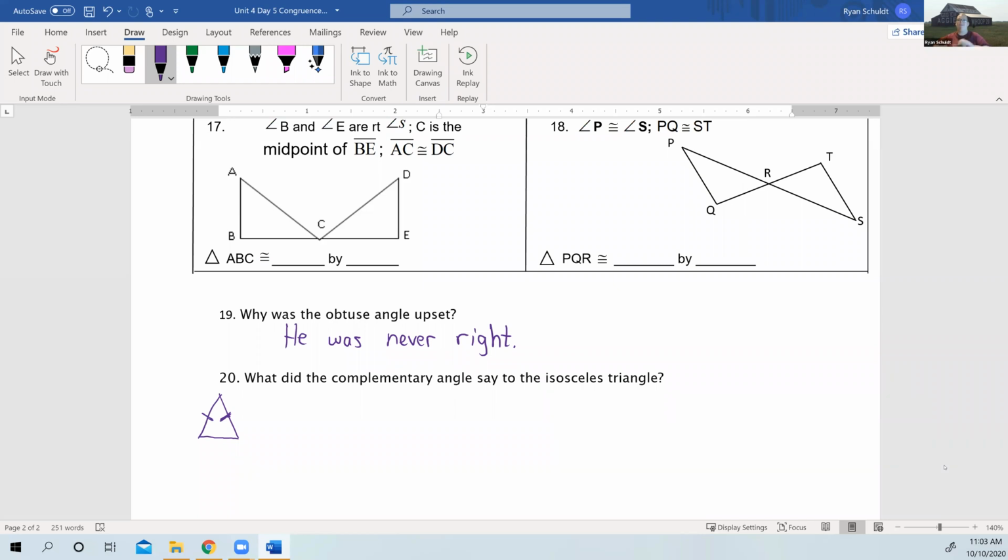I'll give you a minute to think about it. If you want to think about it, you may want to pause it because I'm going to release the answer in. So what did the complementary angle say to the isosceles triangle? Nice legs, dude.